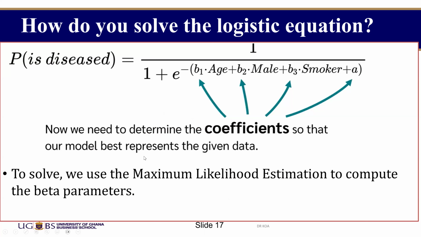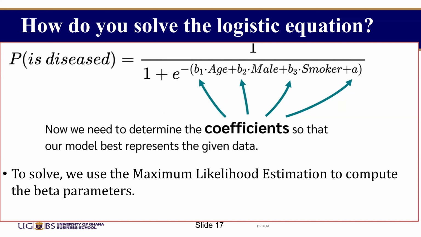How do you estimate? Well, we have to solve this logistic regression model. And solving it simply means that we need to find beta 1 or B1, B2, B3, and all the other beta coefficients, because those are the ones that will fit the model. The method we use is known as the maximum likelihood method, or the maximum likelihood estimation. This is like the OLS, the ordinary least squares.